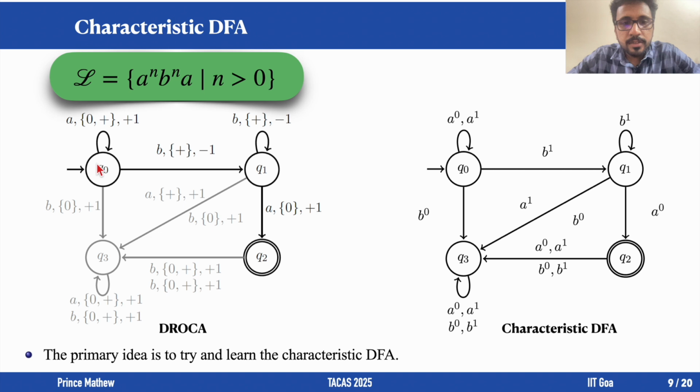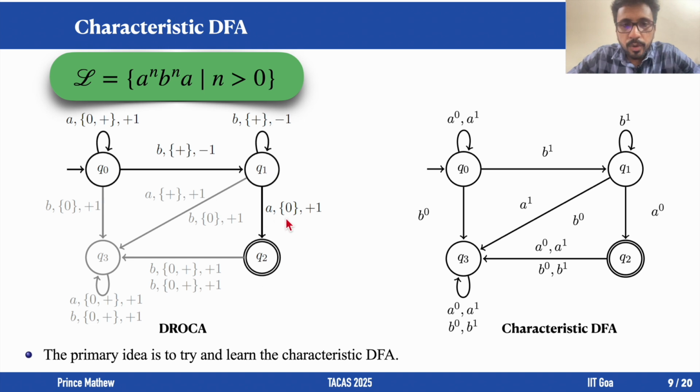So you have 4 states q0, q1, q2, q3, and in the characteristic DFA you will have the same set of states, and the transitions also look the same, but the labeling is different. Here you had a transition from q0 to q1 on a b when your counter value is positive. So in the characteristic DFA you will have a transition from q0 to q1 on b1.